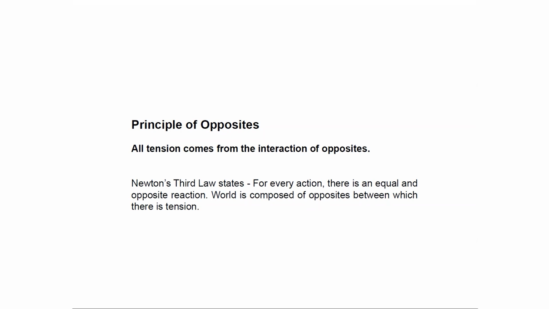Okay, then another concept in algorithmic design is what I call the principle of opposites, the idea that all tension comes from the interaction of opposites. It's a little bit related to maybe Newton's third law, that for every action there's an equal and opposite reaction, and the whole world is composed of opposites between which there is tension.